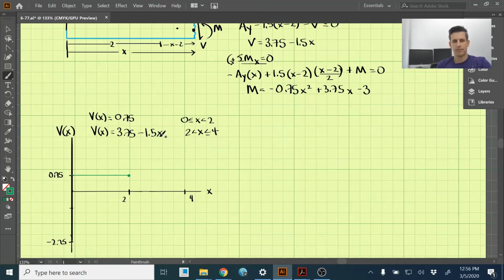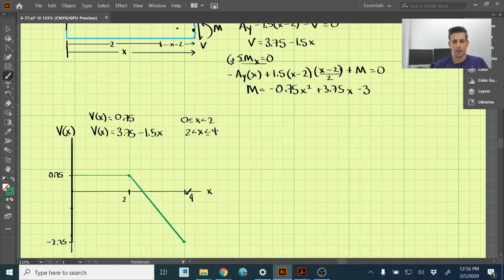Now if we plug 4 into this equation, we have 3.75 minus 1.5 times 4, and that comes out to be negative 2.25, which is down here. We know this equation is linear, so we just need to connect these two points together with a line.